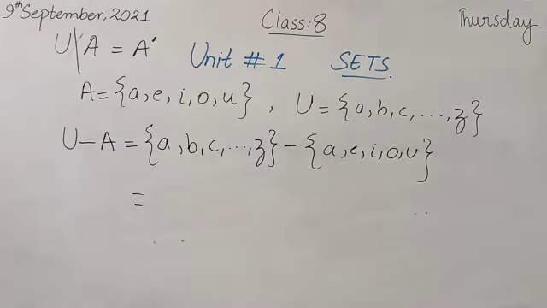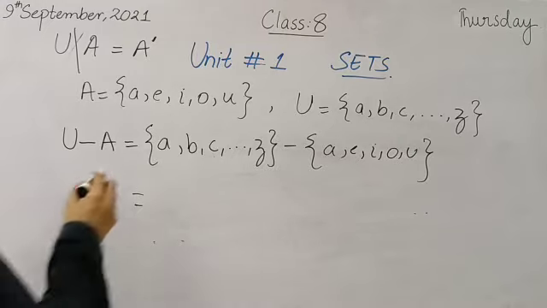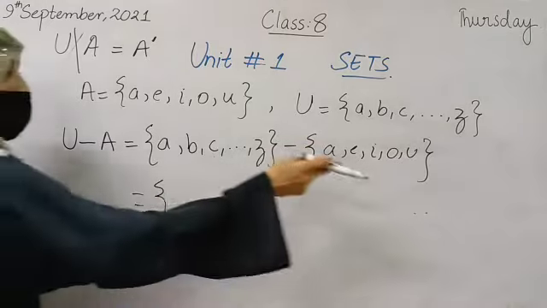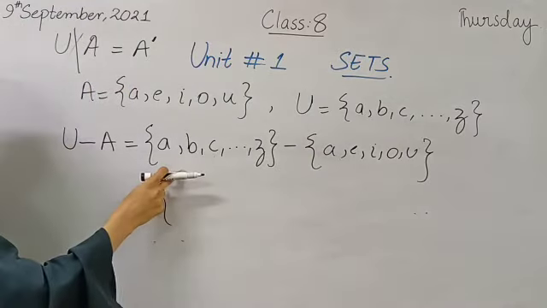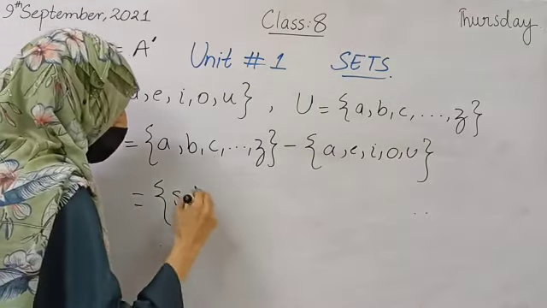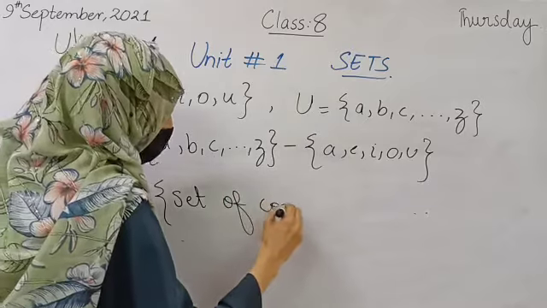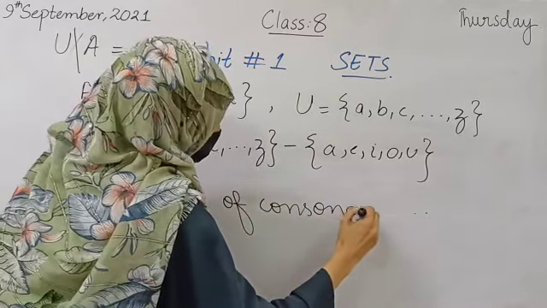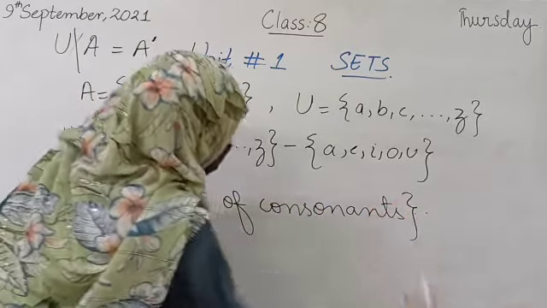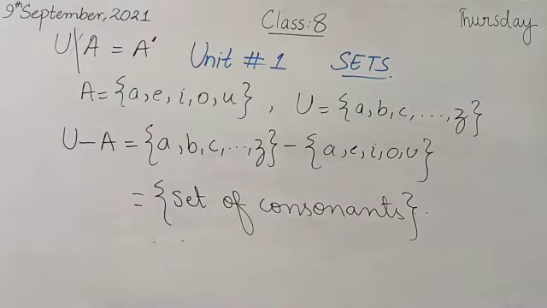Okay? And then the elements of set U will be the difference. If we cross out the set of vowels from this set of alphabets, we are only left with set of consonants. Okay? So this is the complement.